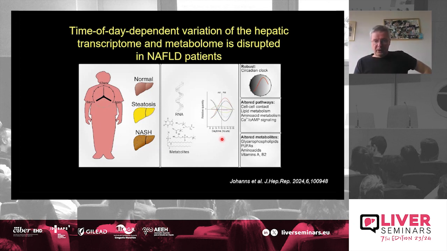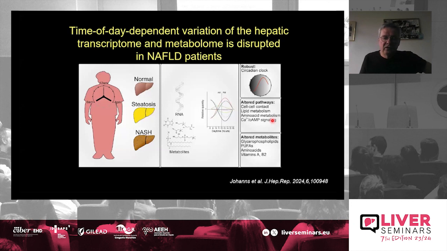And then we looked at pathways that alter also between morning and afternoon, and whether these pathways were impacted by the histological stage of the livers, namely normal versus steatosis versus NASH. And it's quite interesting that you find pathways that are altered in a time of day specific manner and impacted by the liver stage.